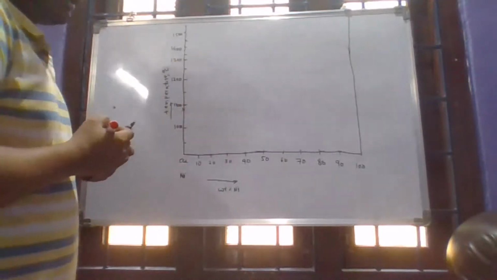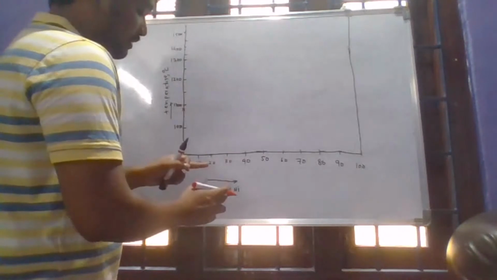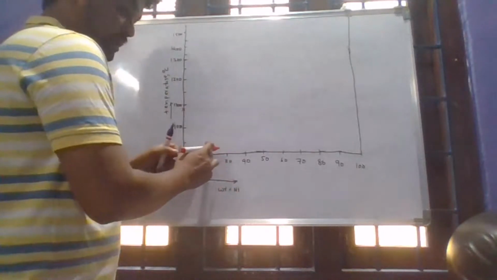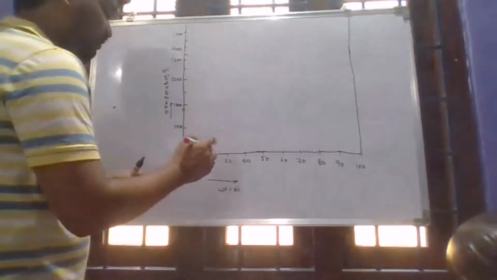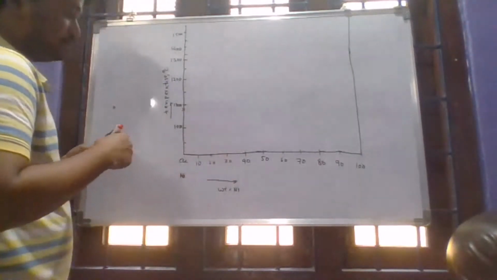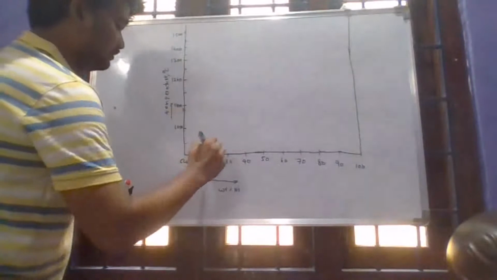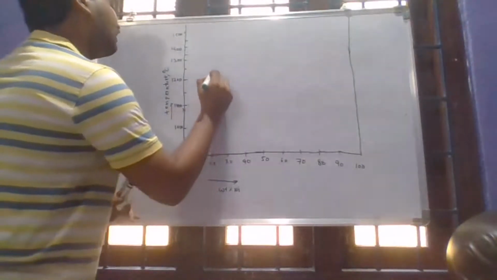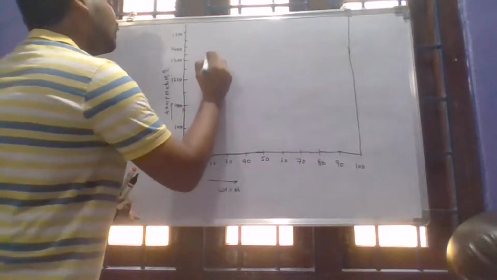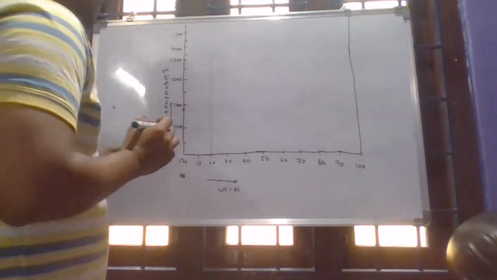Then at 20 weight percentage nickel, the liquidus temperature is 1200. I'm also indicating that line with a green color, so that it is easy for us to construct the phase diagram when we actually use the graph paper.